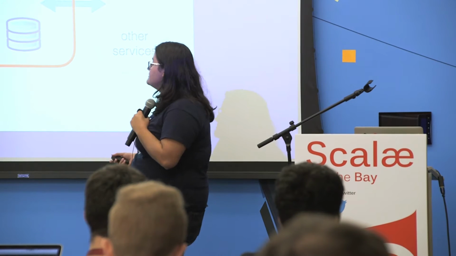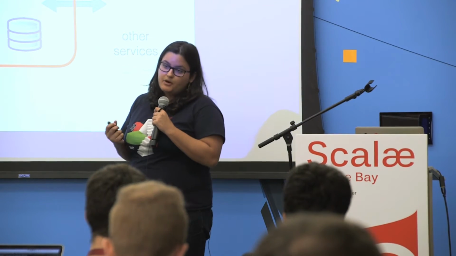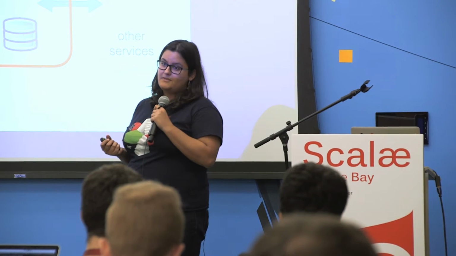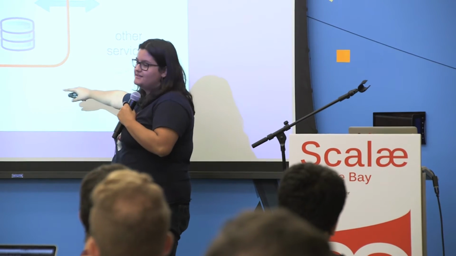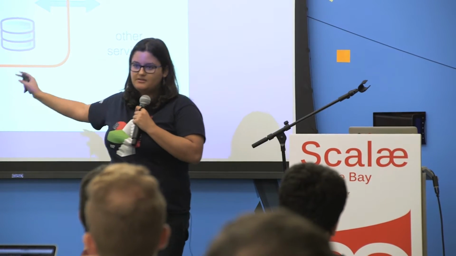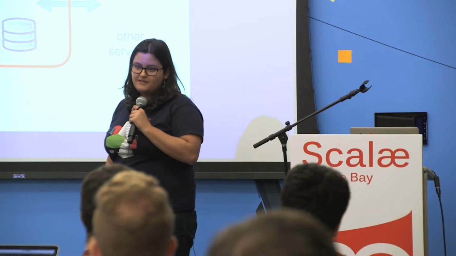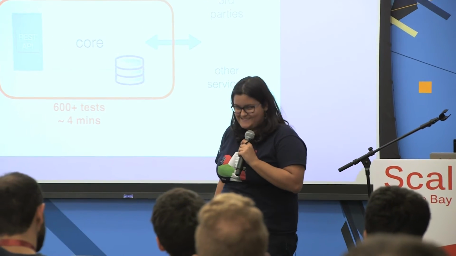But then we realized that ScalaCheck wasn't really the answer. The reason is that we are using Postgres, so we were testing against the real database. That means that if we have 600 tests, ScalaCheck will run each test 100 times. 600 multiplied by 100, that's 60,000 tests.